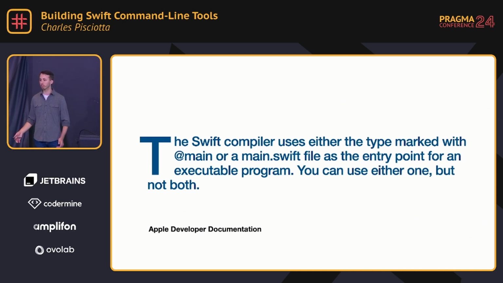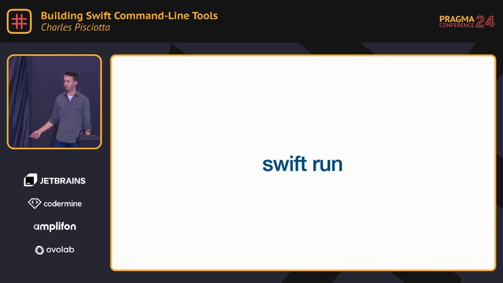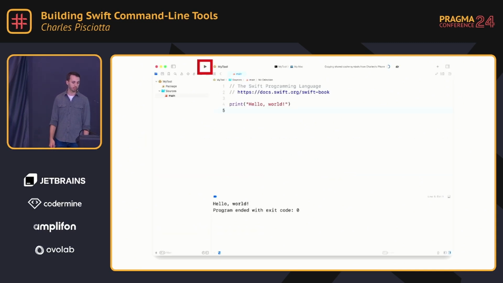Or when you start building something more complicated, you can define it as the @main type, and that will then define the entry point instead of the file name. So once we're all set up, you can simply call Swift run. Again, if you're in Xcode, though, you can actually leverage some of the tools right there. And so in this case, you see that when I click the run button, down in the console, we see our hello world outputted with exit success.